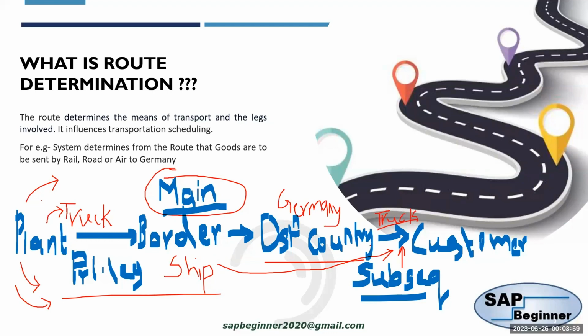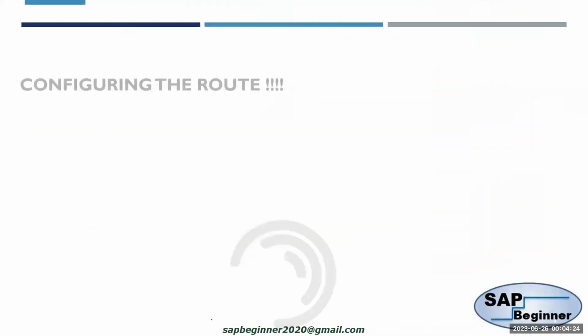Then from the destination country to the customer, the means of transport that you're using is called the subsequent leg. I hope you all got it. If you have any queries, any questions, please put it in the chat or in the comment section, or you can mail it to our mail ID.